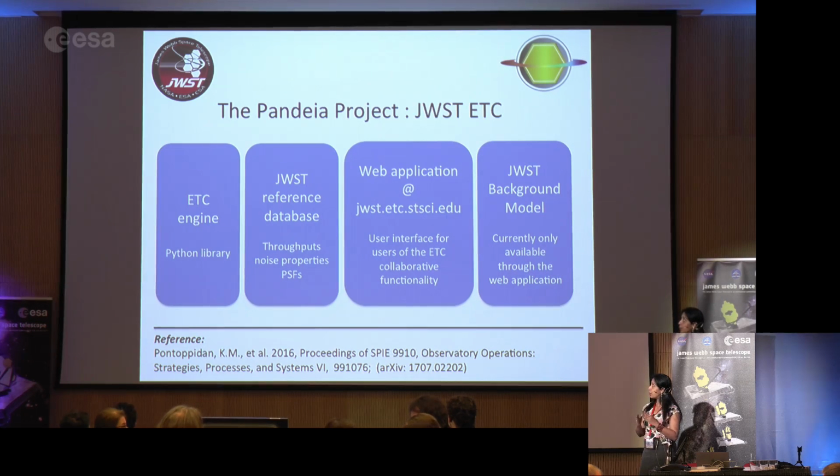Then there is the other component, which is the JWST reference database, which is all the information about your telescope, about your detector, about every optical component that goes into the system, basically the throughputs of the filters, grisms, the detector noise properties, and your input PSFs, which takes care of all the wavefront properties.